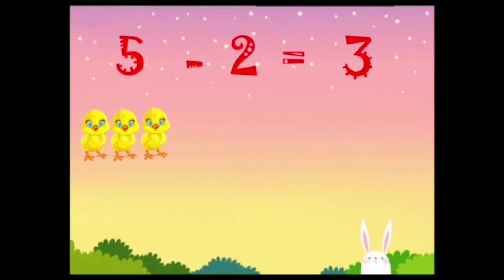We have 1, 2, 3 left. Now 3 checks have remained. So we can say 5 minus 2 equals 3.